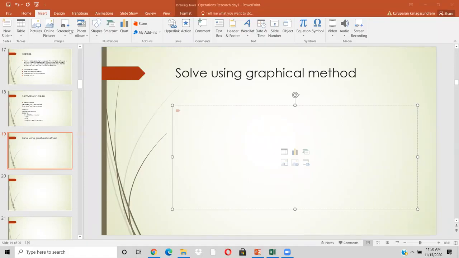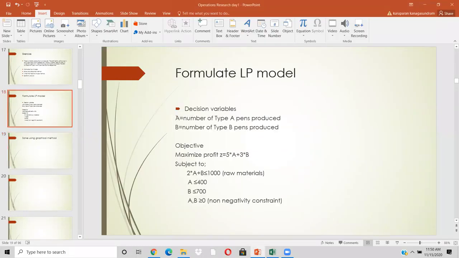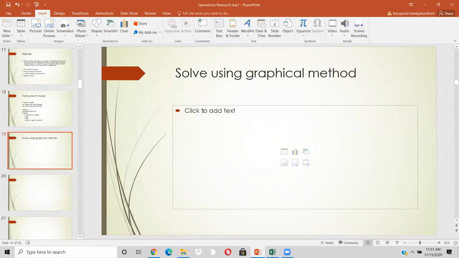Okay, the important thing is, the number of decision variables here is only two, so it can be done. It can be done because we are having two decision variables only.